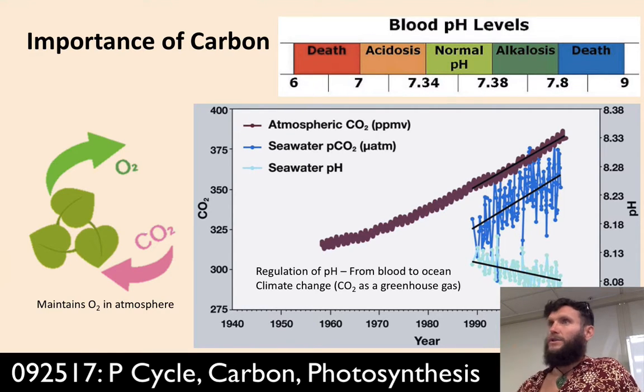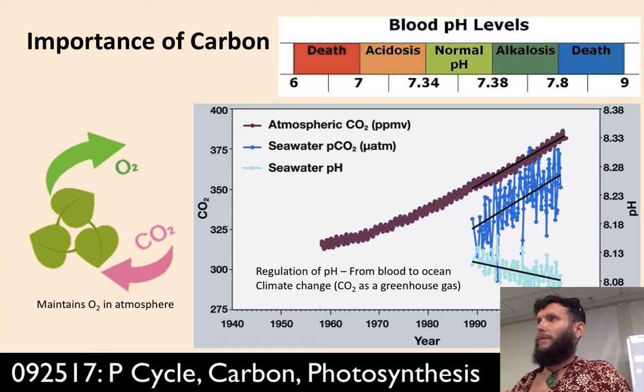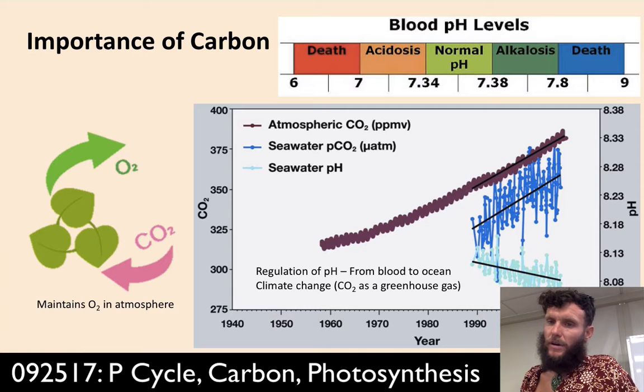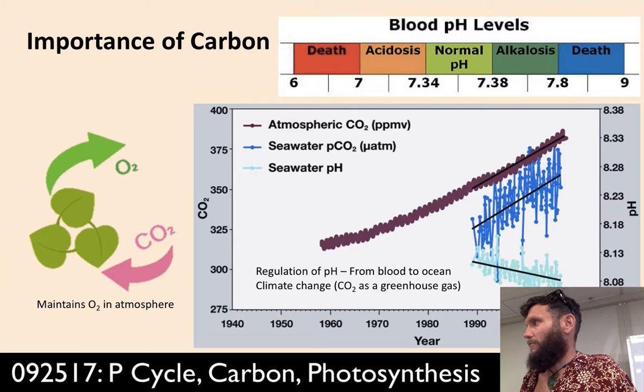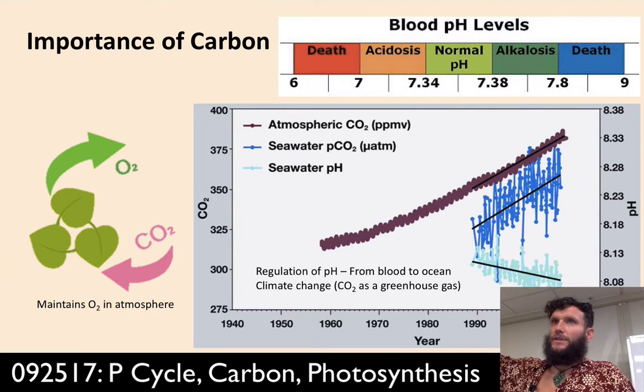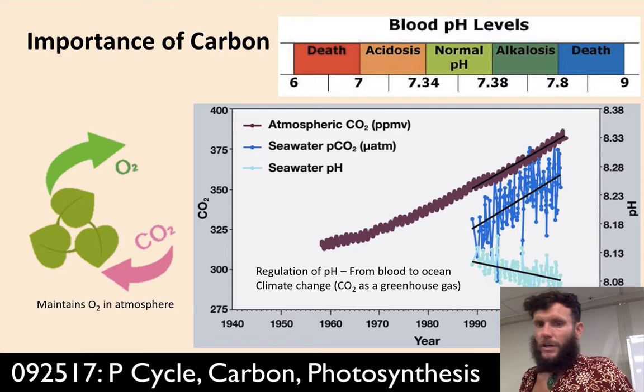When summer comes on and all the plants are fixing carbon dioxide, the carbon dioxide level goes down, and then in the winter it goes up because there's no photosynthesis happening. It's mostly being driven by the northern hemisphere, which is where most of the photosynthesis happens. So that's why there's this seasonal oscillation in the level of carbon dioxide.